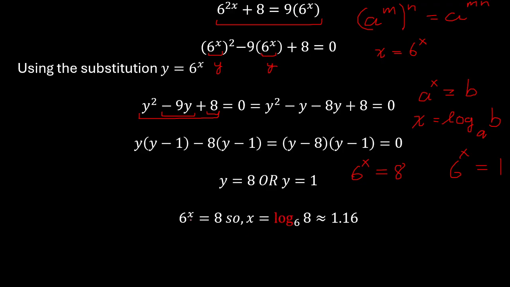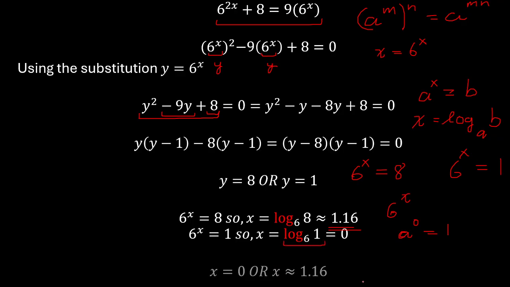So our first answer for 6 to the power x equals 8 is log 8 to base 6, which is approximately 1.16, and your second answer, which is log of 1 to base 6, is 0, because when you raise any value a to the power of 0, it's always equal to 1. Okay, and that's important, and that's exactly what we've used here. So our two values over here would be x equals 0 and x approximately equal to 1.16.